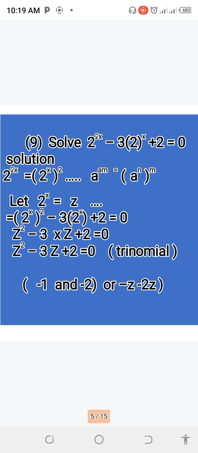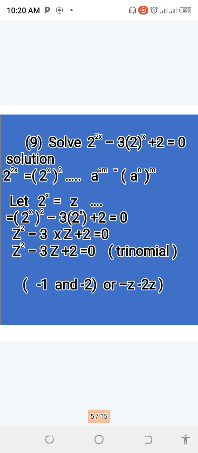Okay. Now, just as we did in the other one, this 2 exponent 2x can be rewritten as 2 exponent x, bracket, then exponent 2. That is the law of indices, how to handle power of a power.